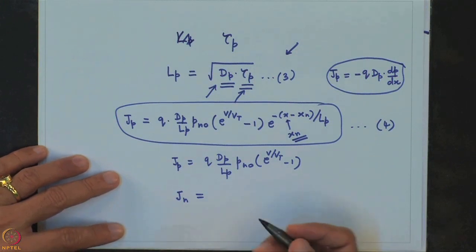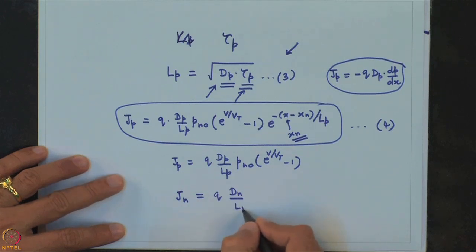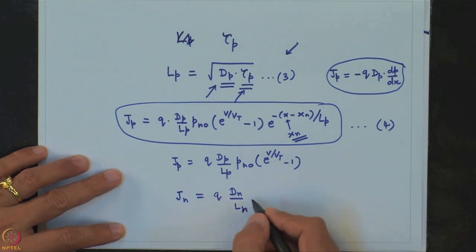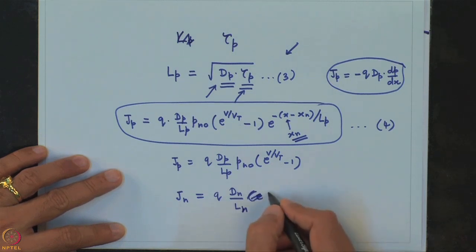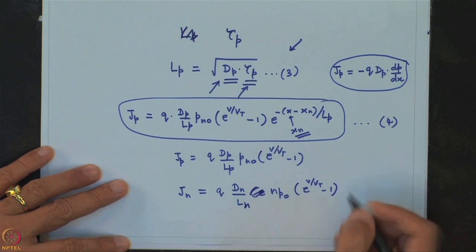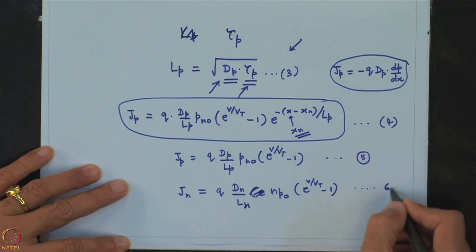Likewise, a similar analysis can be applied to the p side material, and we can write Jn equal to q times Dn by Ln, where Dn is the electron diffusion constant and Ln is the diffusion length of the electrons, times Np0 into e raised to power V over Vt minus 1. Let us call these two equations 5 and 6.